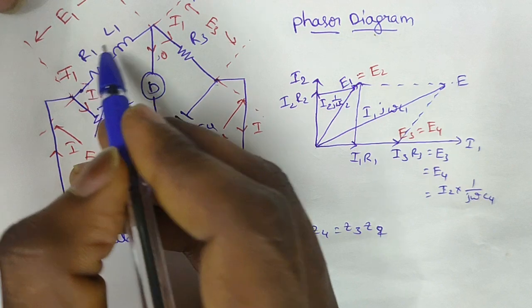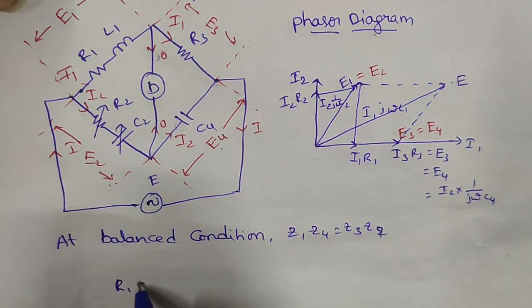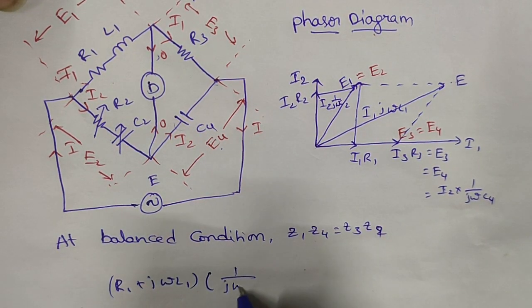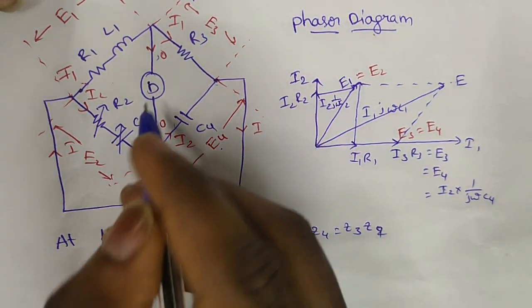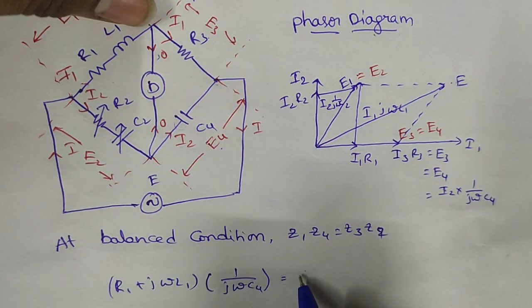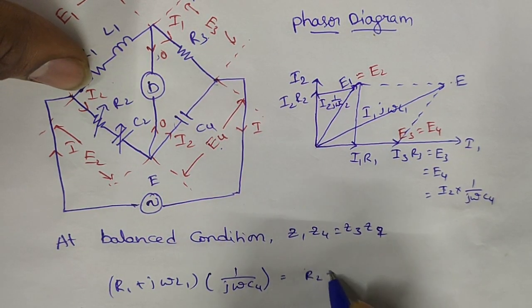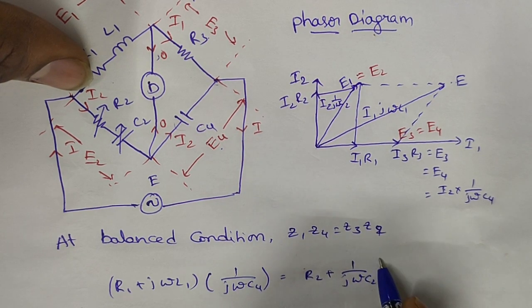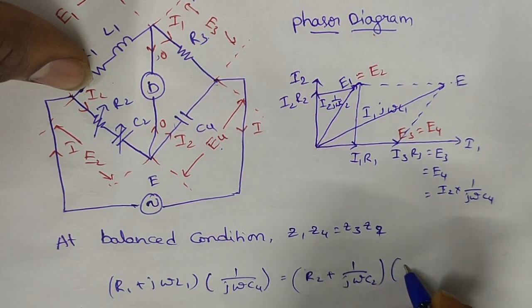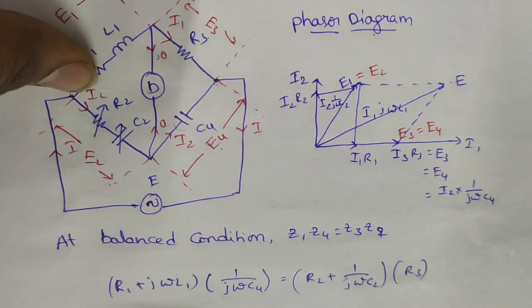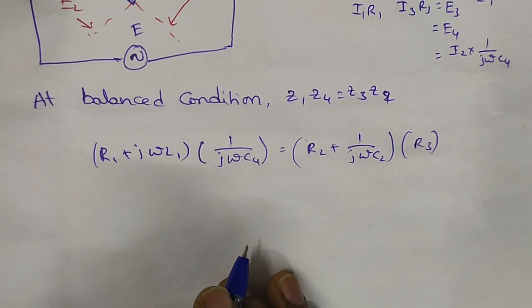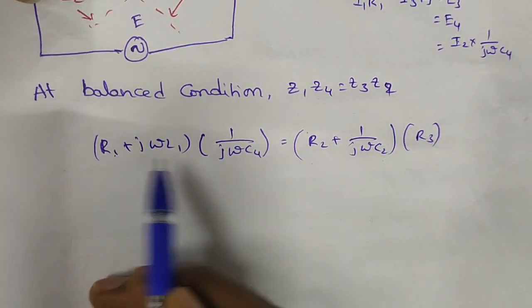So Z1 is here, that is R1 plus J omega L1, and Z4 will be 1 by J omega C4, and Z3 will be R3, Z2 will be R2 plus 1 by J omega C2. This is the equation. From this equation we need to find R1 and L1.